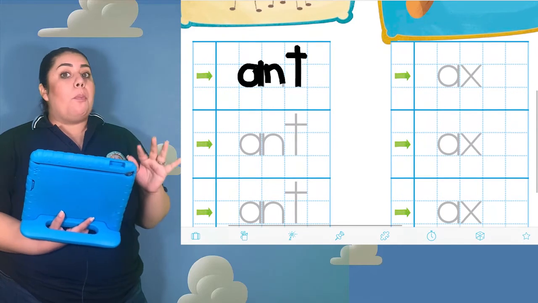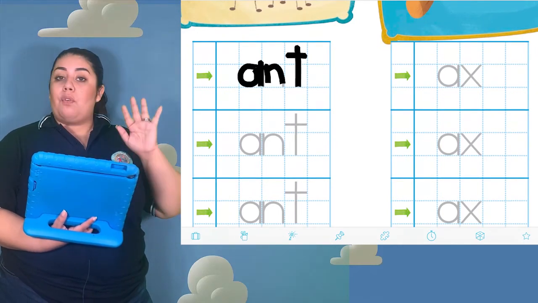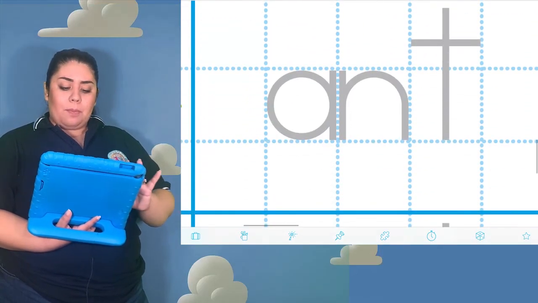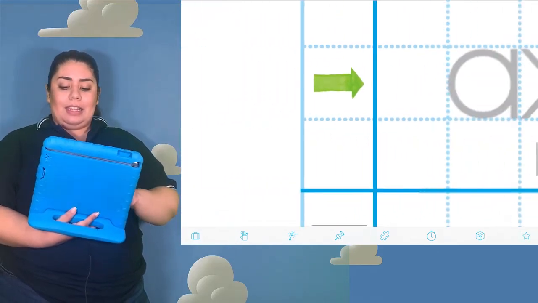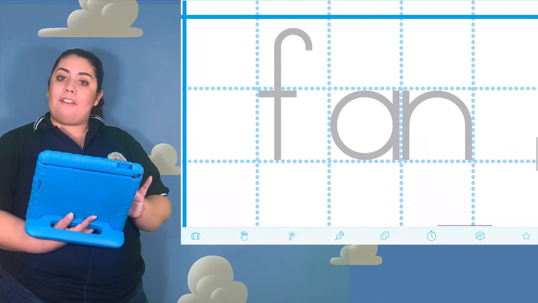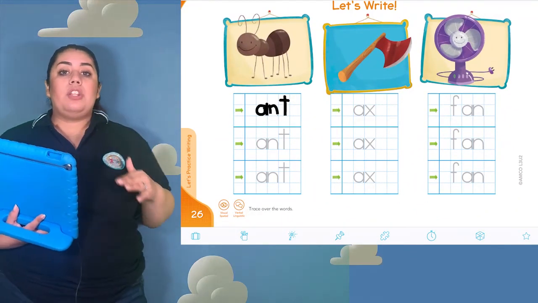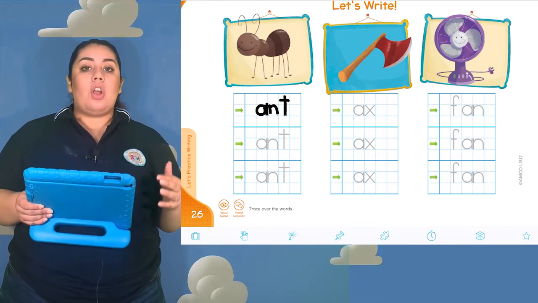But don't use more than that to write the letters. Right now we are only practicing letter A, but you can practice other letters in the future like N, the letter T, the letter X, and the letter F. Okay? And you will continue to do it until you finish the 3 rows of letters.